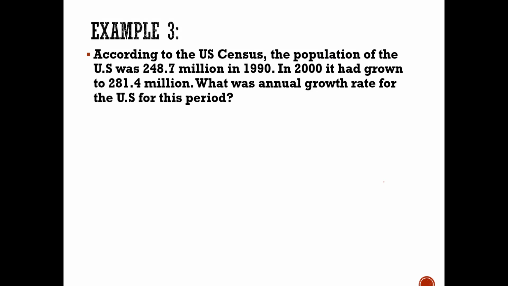So third example, according to the U.S. Census, which collects data about the entire population in the United States, the population of the U.S. was 248.7 million in 1990. In 2000, it had grown to 281.4 million. What was the annual growth rate for the U.S. for this period? So now, definitely we're looking for K, right? Annual growth rate, that's what we're looking for.